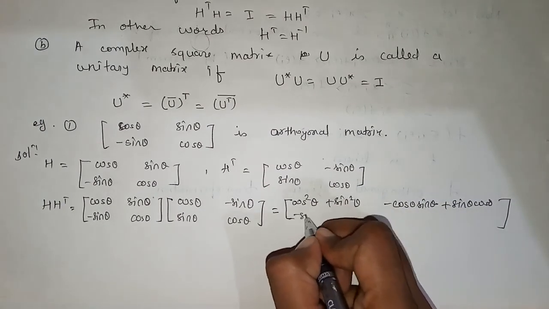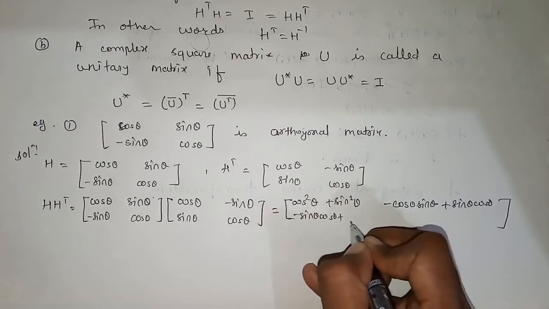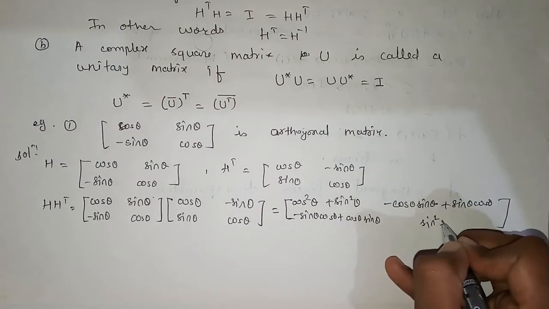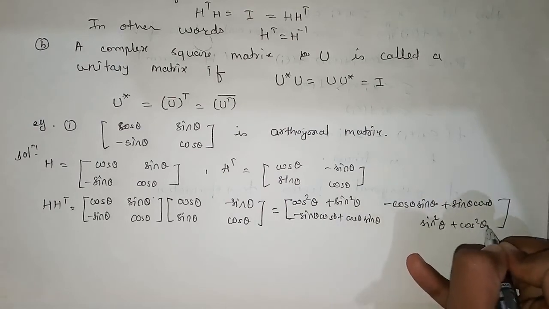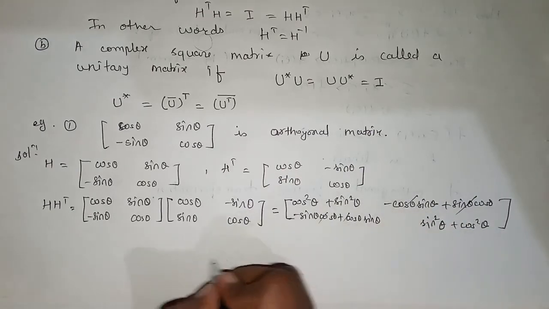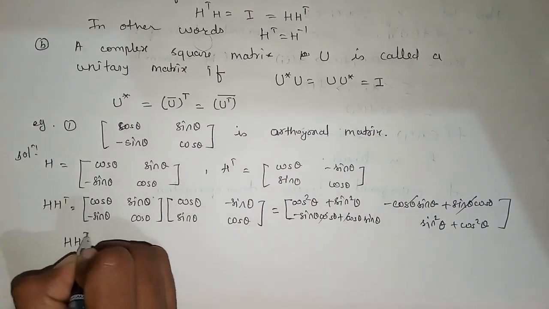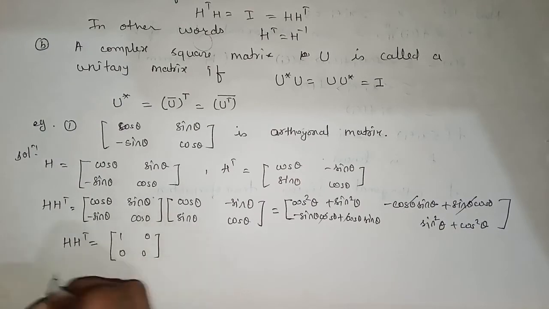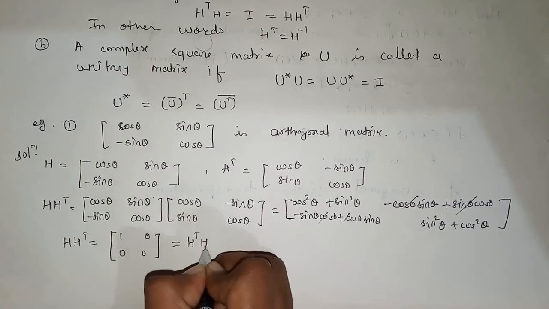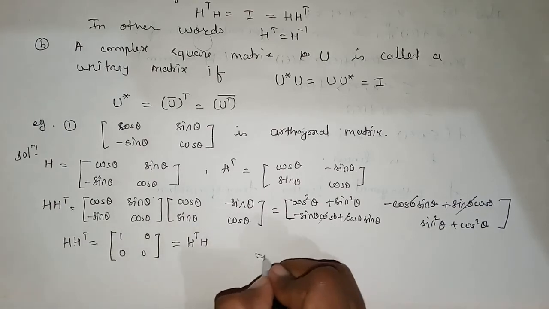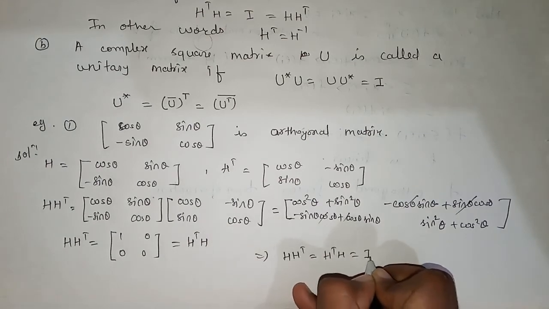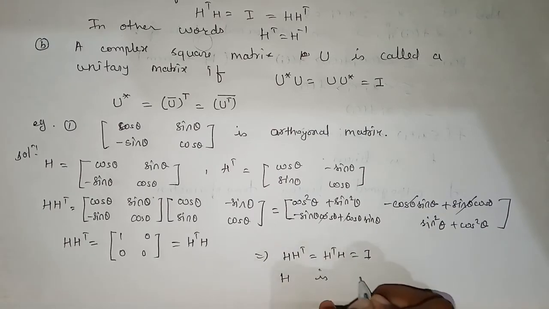Again here minus sin theta cos theta plus cos theta sin theta, and here this is sin square theta plus cos square theta. So these two get cancelled and these two get cancelled. So finally we are getting H H transpose is equal to identity matrix 1 0 0 1. If we take H transpose H, then also we will get identity matrix. So here we can verify H transpose H is equal to identity matrix. Therefore H is orthogonal matrix.